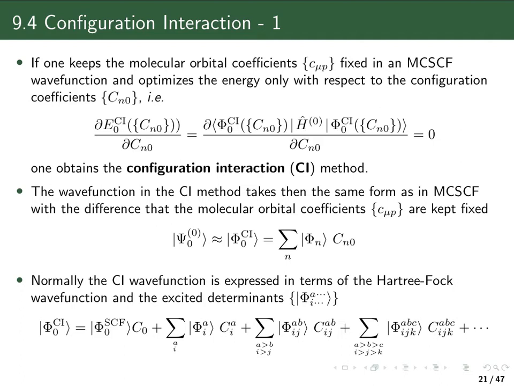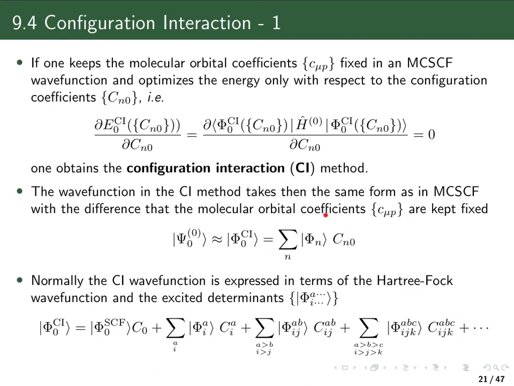Typically, one starts with a Hartree-Fock calculation, optimizes the orbitals, and then generates a set of Slater determinants, and maybe combines them, spin adapts them to get configuration state functions, and uses these determinants or configuration state functions as the basis for our configuration interaction wave function.